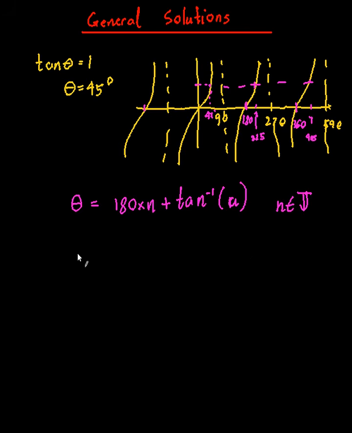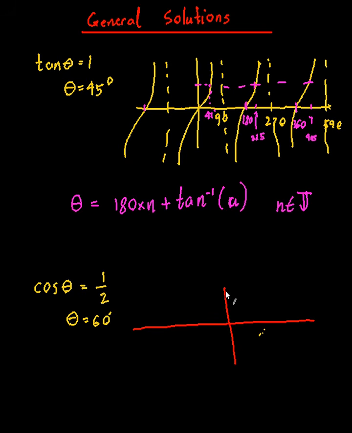Now let's think about cos theta. Cos theta is equal to, now I'm not going to choose 1, I'm going to choose a half. So if cos theta is equal to half, again, the simplest case, theta will be equal to 60. But again, let me draw the cos function. So the cos function will look a bit like this.